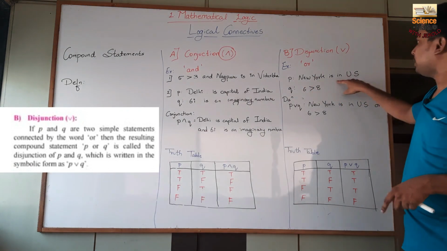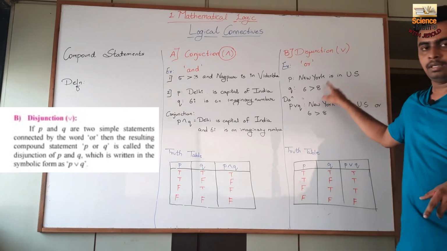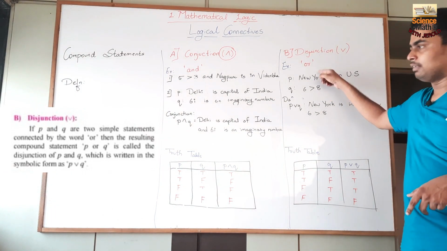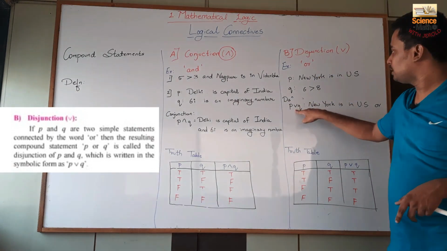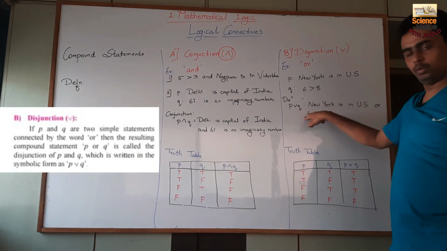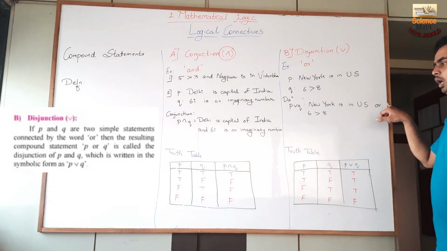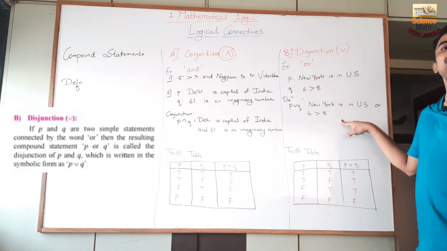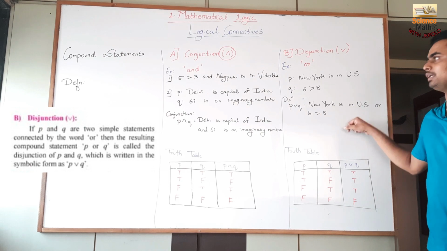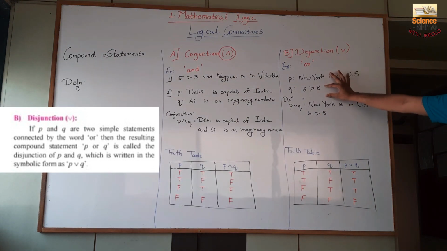New York is in US and 6 is greater than 8 are my two statements. Disjunction, P or Q, becomes: New York is in US or 6 is greater than 8. Here, the first is a true statement and the second is a false statement.